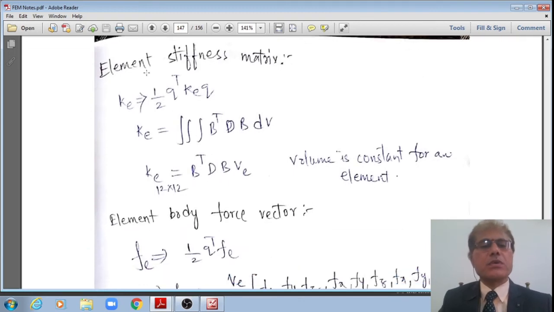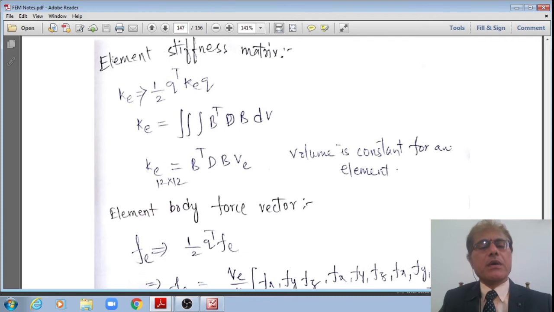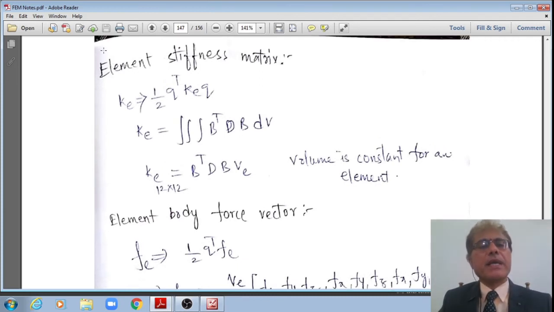I hope students you understood the derivation of the strain displacement matrix. Now we'll move to the next subheading, the element stiffness matrix, KE matrix. We already know that if you consider the strain energy term of the potential energy, then I can write that strain energy as you have discussed in previous videos.